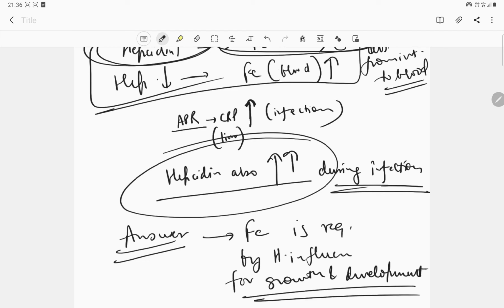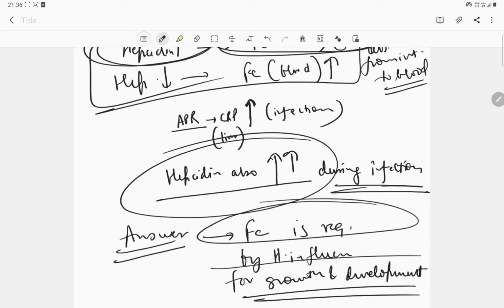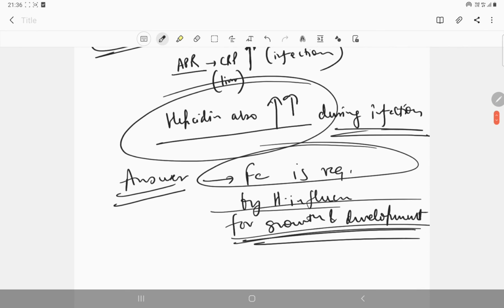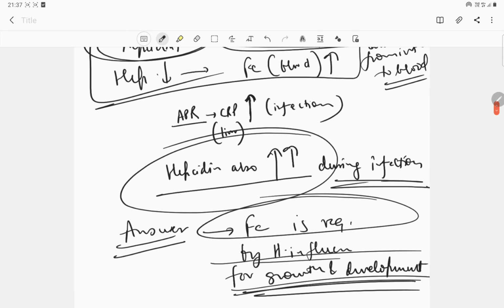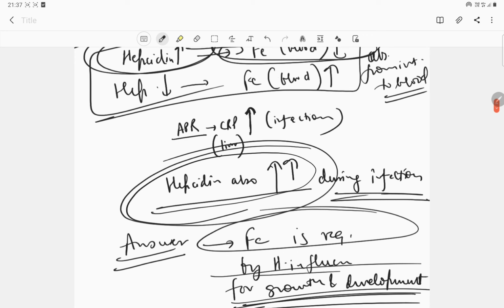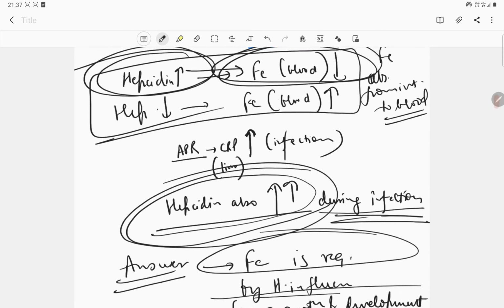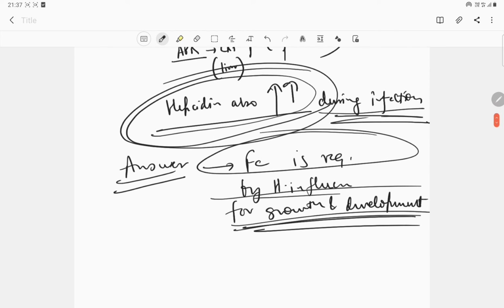So if hepcidin increases in infection and decreases the iron level in the blood, then iron will not be available to bacteria like Haemophilus influenzae for their development.